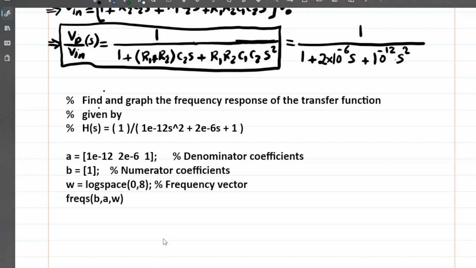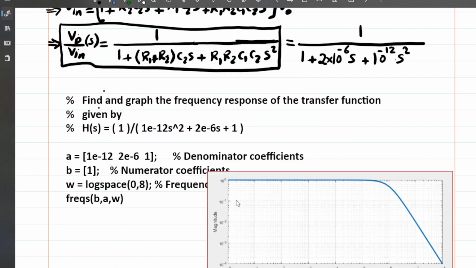I'm not able to paste it, but I can do another trick, which is image capture. Yes, so this is what you get.